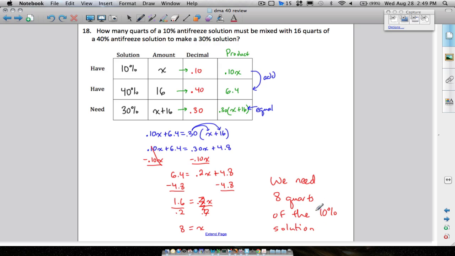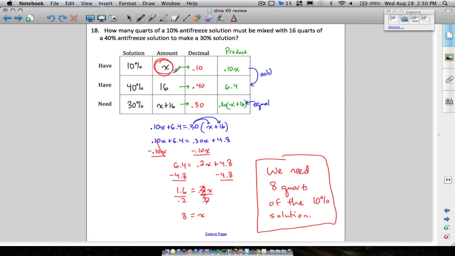So make sure you write a complete sentence. We need 8 quarts of the 10% solution. Since x was equal to 8, and we are answering the question because it says how many quarts of the 10% solution, you're trying to find that number right there. And we need 8 quarts.